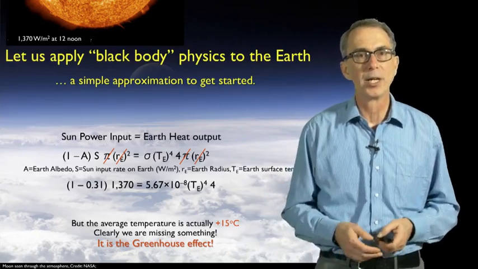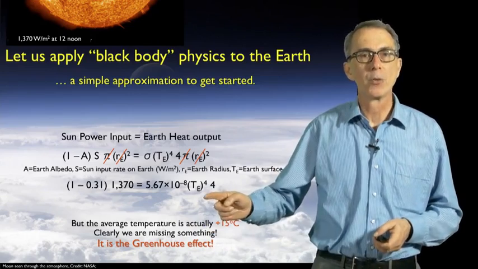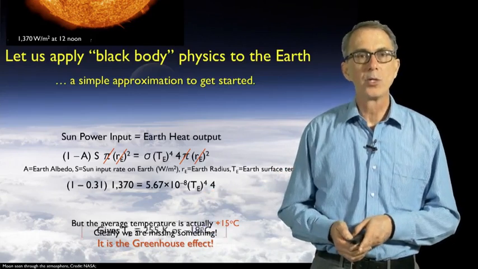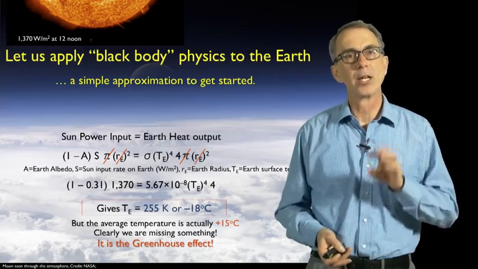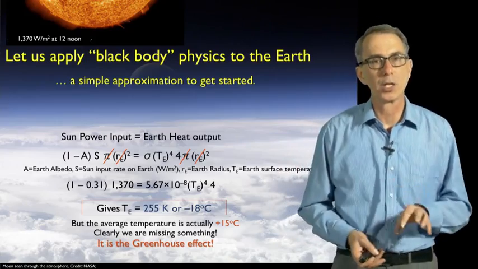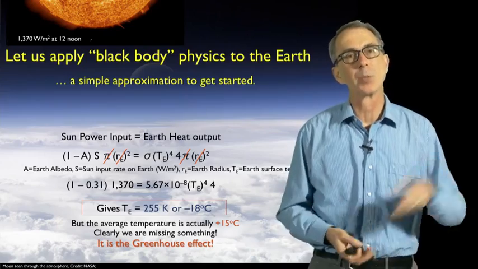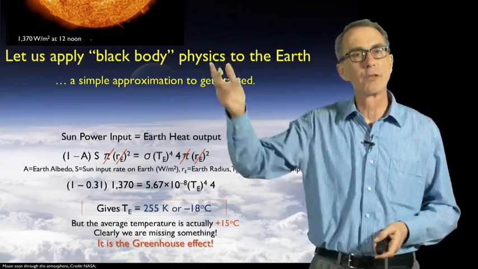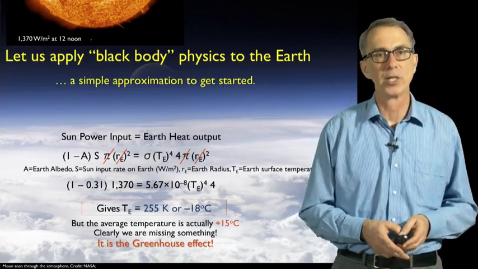You don't have to know what it is. But what we can do then is solve for this temperature of the surface of the Earth. And when we do that, the answer is the equilibrium temperature of the surface of the Earth if there was no atmosphere, if there was a balance between incoming sunlight and loss of heat radiation, would be 255 degrees Kelvin.